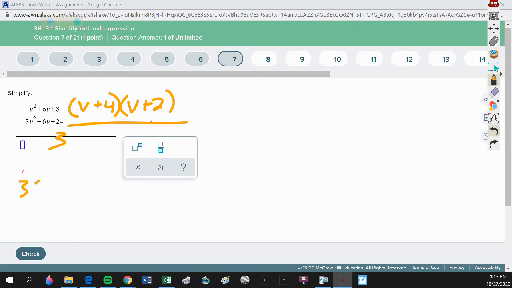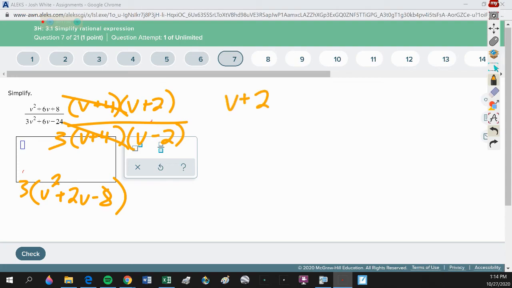If I take out a 3, I get v squared plus 2v minus 8. And I get 3 times v plus 4 and v minus 2. You see that? Now, the v plus 4's cancel, and I get v plus 2 over 3 times v minus 2.